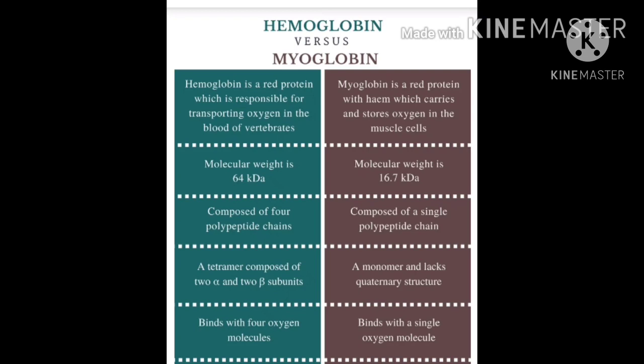Remember that. Hemoglobin is a tetramer composed of 2 alpha and 2 beta units, whereas myoglobin is a monomer and lacks quaternary structure, but quaternary structure is present in hemoglobin. Hemoglobin binds with 4 oxygen molecules at a time, whereas myoglobin binds with a single oxygen molecule.